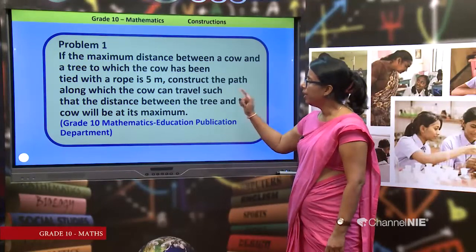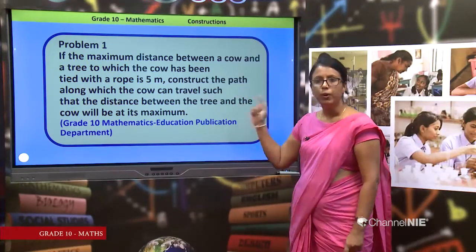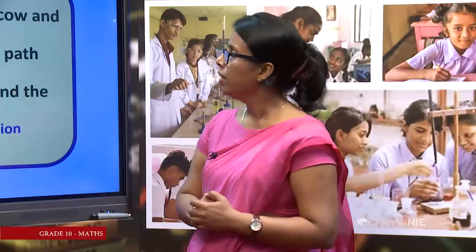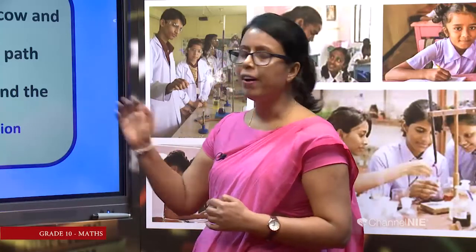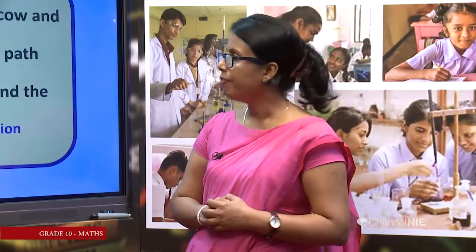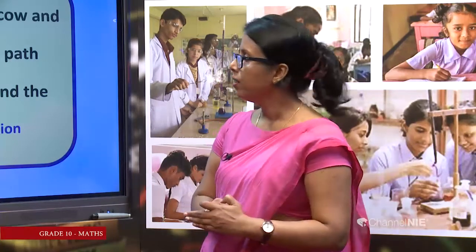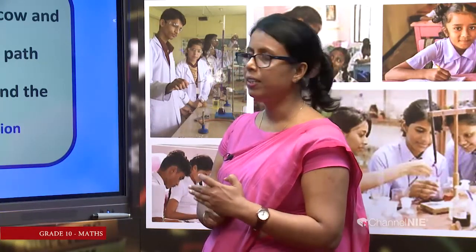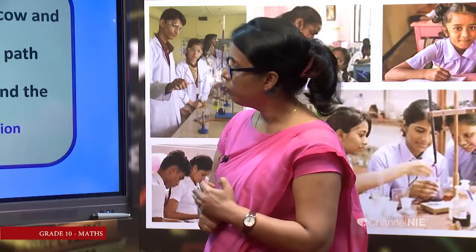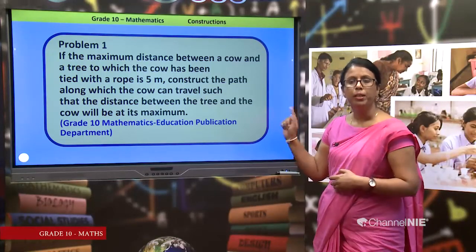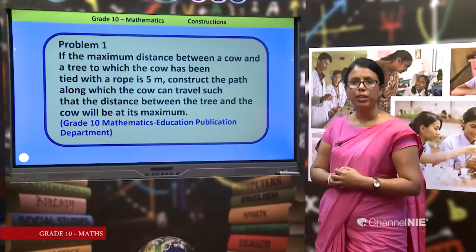You have to mark a point as the tree. The maximum distance that the cow can move is 5 meters away from the tree. So, that can be the first locus we learned.